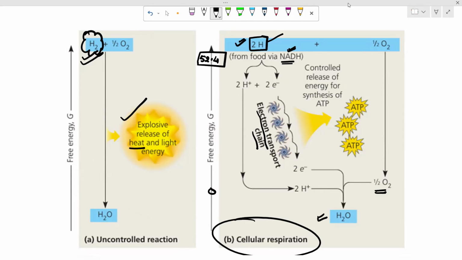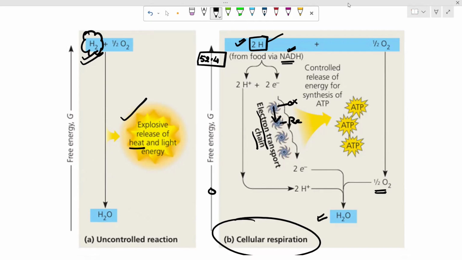So the electron is moving down the hill. The electron is moving downhill from one carrier to another carrier, and the carrier lower down is always more electronegative compared to the other carrier. So if the electron is moving from here to here, it means this one is getting reduced and the other is getting oxidized.